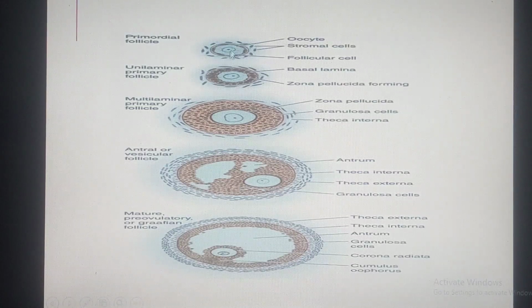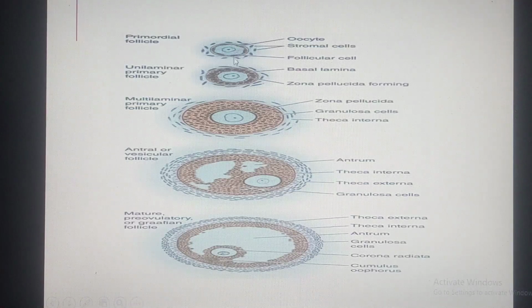Upon stimulation, this primordial follicle will eventually transform every month, for a female around puberty, prior to the first menses.